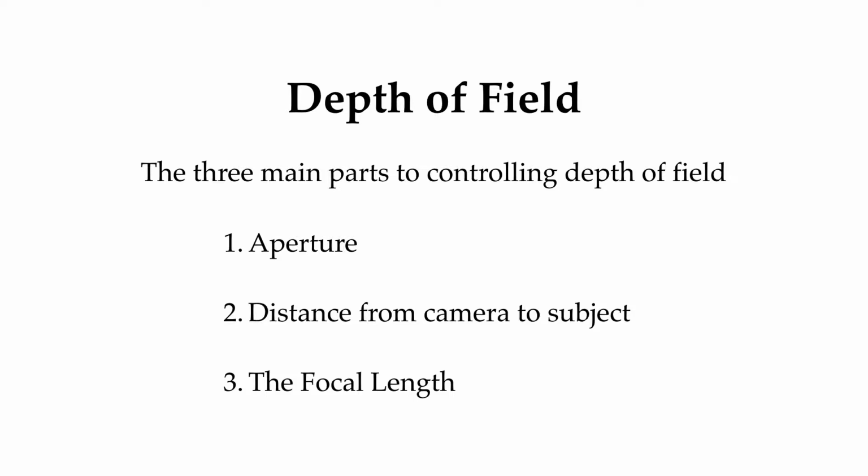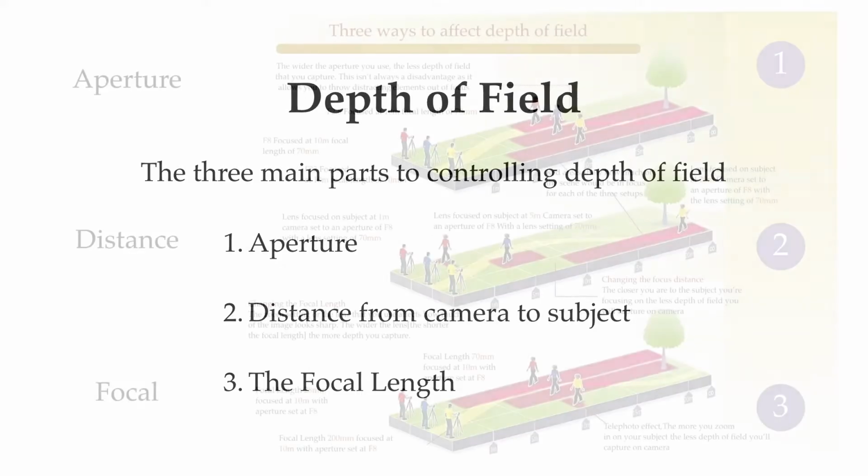So not only are we going to be talking about how to use different focal lengths over the next few days, and how we can use those to do macro and close-up, but we're going to be looking at depth of field as well. The three things which are important when we're looking at depth of field are the aperture we're using, the distance from the camera to the subject, and our focal length. This will determine how much depth we will have in our image.